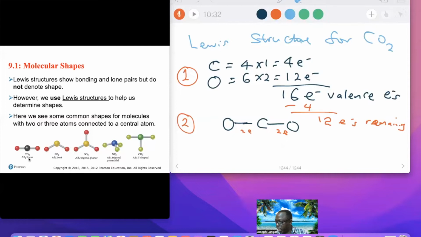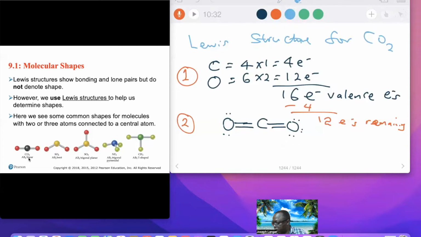Out of the remaining electrons, the external atoms take first priority in satisfying the octet rule. So oxygen needs 6, this needs 6, this needs 6. Do the inspection, make sure that each atom in the molecule satisfies the octet rule. And if I look at the carbon, we need to make a double bond on either side.